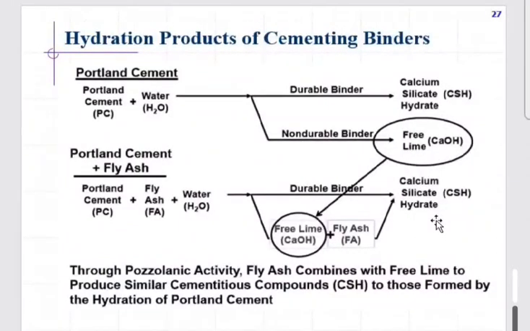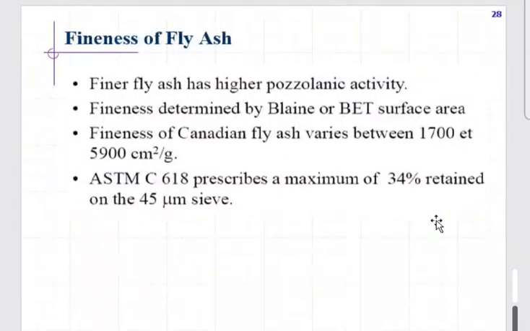Same as in the case of our silica fume. Again, finer fly ash has higher pozzolanic activity. Its fineness is about 1700 to 5900 square centimeters per gram. And ASTM C618. Remember, this standard is very important. This is the standard which characterizes fly ash.